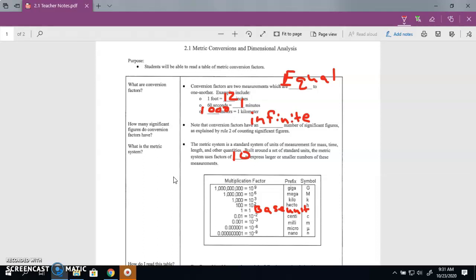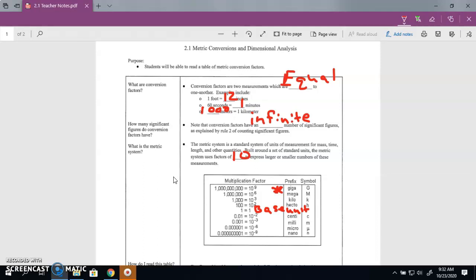But then we can modify the meaning of the size of that measurement by putting a prefix in front of it. So for example, if we have a gigagram, that is a really big unit of measurement. And 1 gigagram is equal to 10 to the 9th grams. That's a huge quantity because 10 to the 9th refers to a billion.